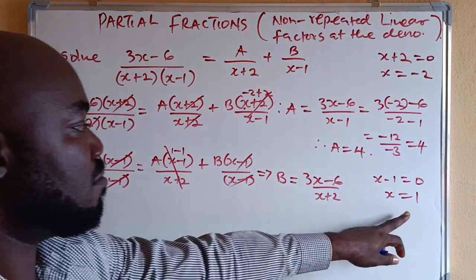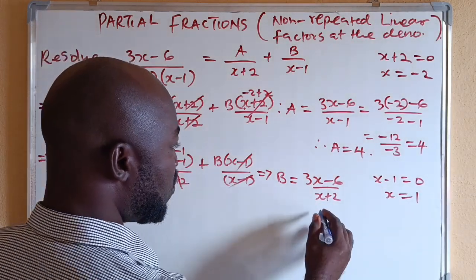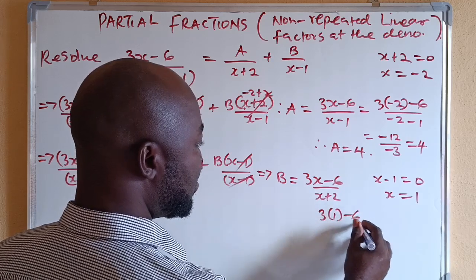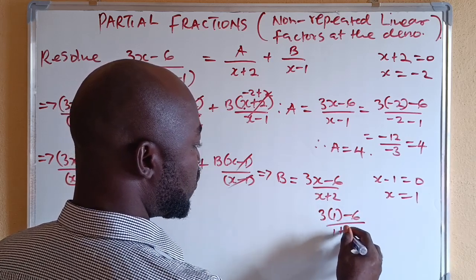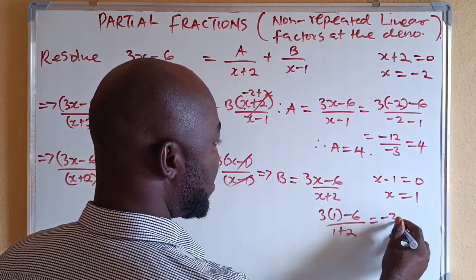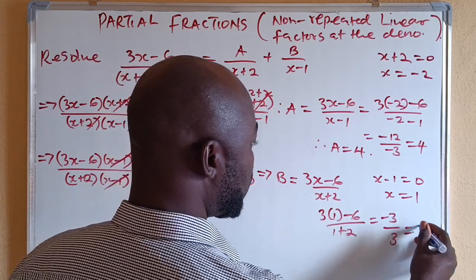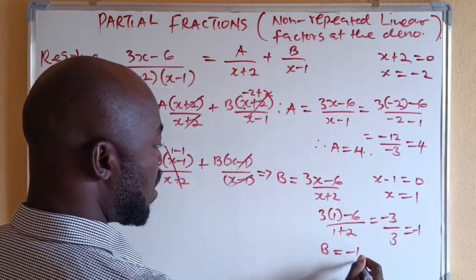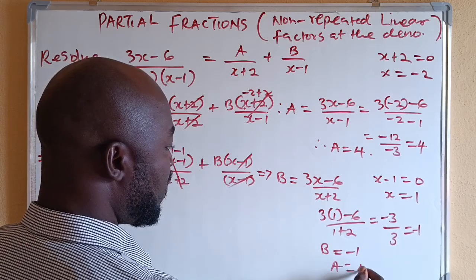Now take note, my x is 1. So I'm going to have 3 bracket 1 minus 6 divided by 1 plus 2. So this is going to give me minus 3 divided by 3, which is equal to minus 1. So my B is minus 1 and my A is 4.